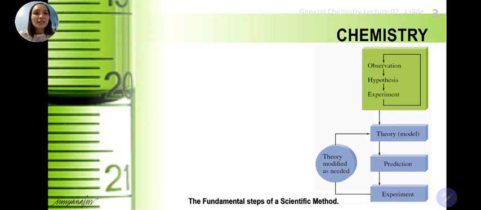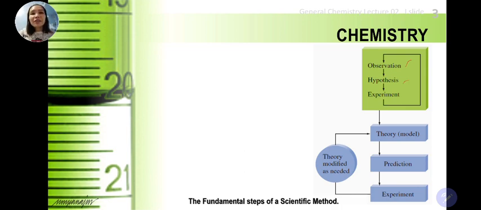Okay, so this is an example of a scientific procedure which includes the fundamental steps of a scientific method. So we have observation. Nag-start ang lahat ng scientific project sa isang observation and then magpo-formulate ng hypothesis, since hypothesis pa lang siya, yung possible na answer dun sa observation.